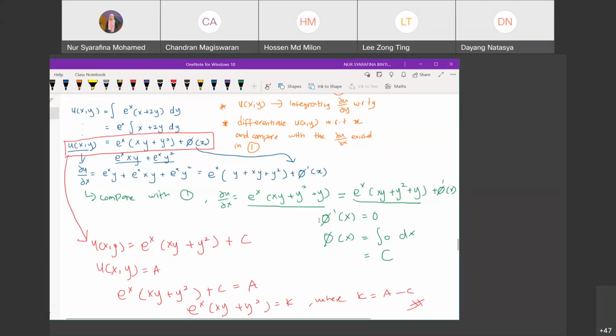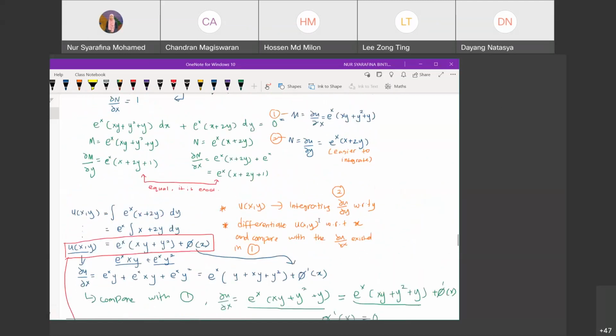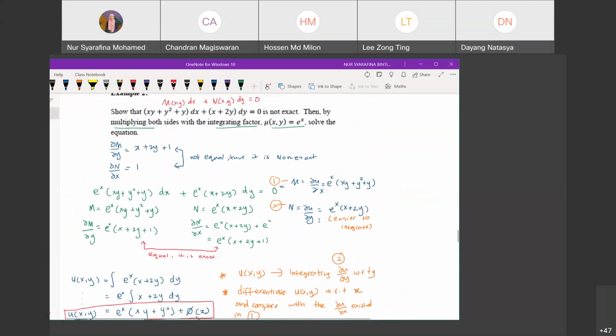Is that clear? So this is where we use method number 1. Okay, so which method we need to use? It depends on the function. Which method can you choose to integrate? It depends on the function, depends on the doability of integration, depends on their simplicity, so that it will ease the solution process. Is that clear, everyone?